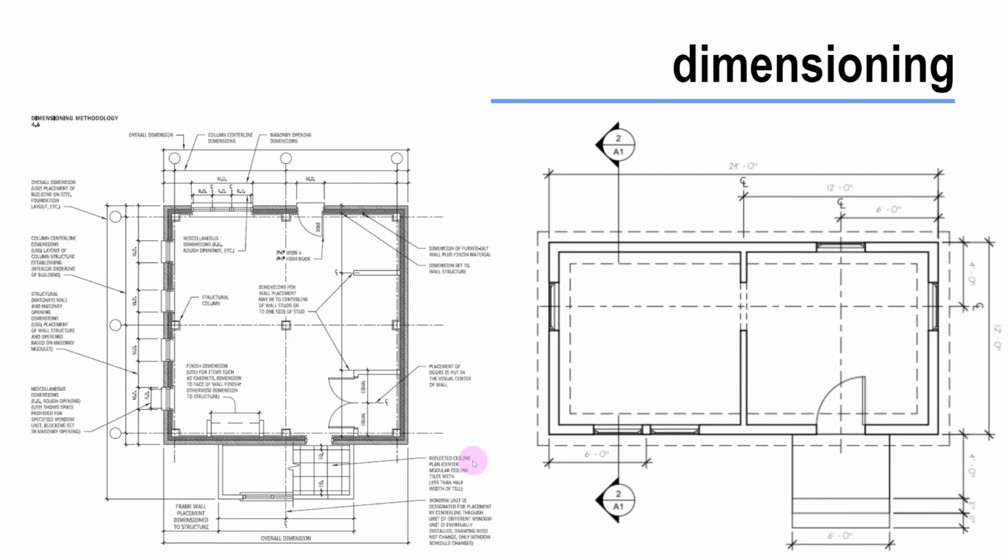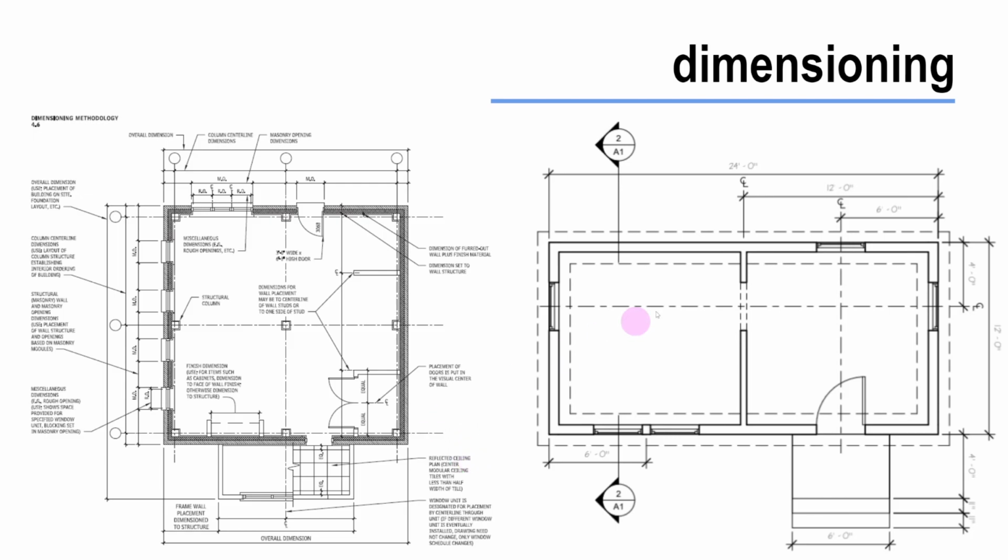Now, dimensioning. Dimensioning is the system of measurements that are used in a set of plans, and it is going to vary based on whether it is wood framing or masonry framing. The big difference is how we dimension openings in our building.